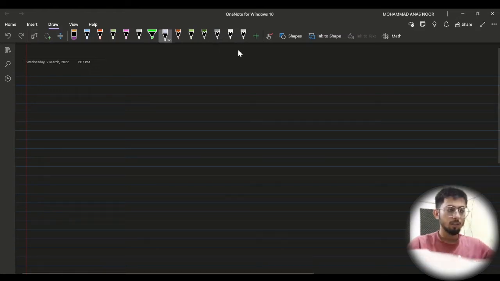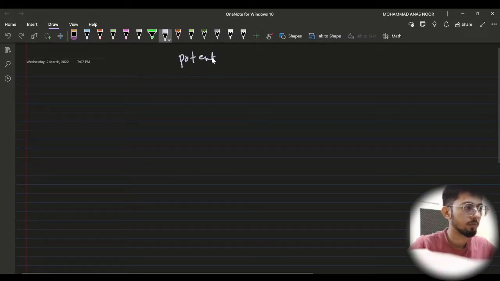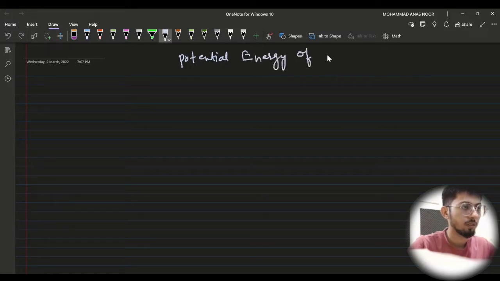Let us start the potential energy of a dipole.